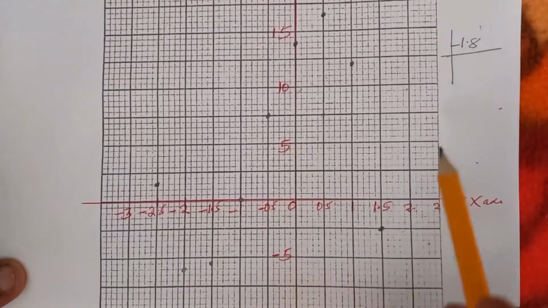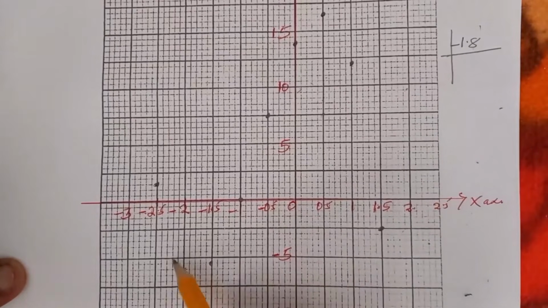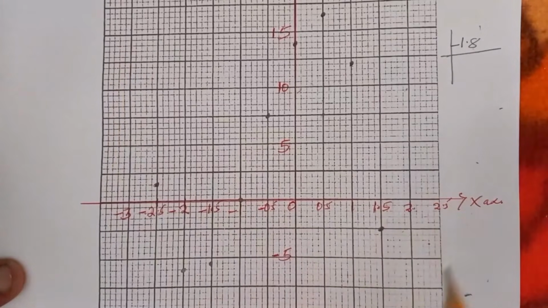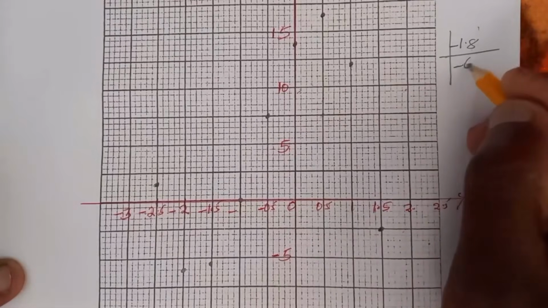Use a calculator to work that out. So negative 1.8, just use the function y equals 14 plus 10x minus 8x squared minus 4x cubed. And you notice that will give negative 6.6.